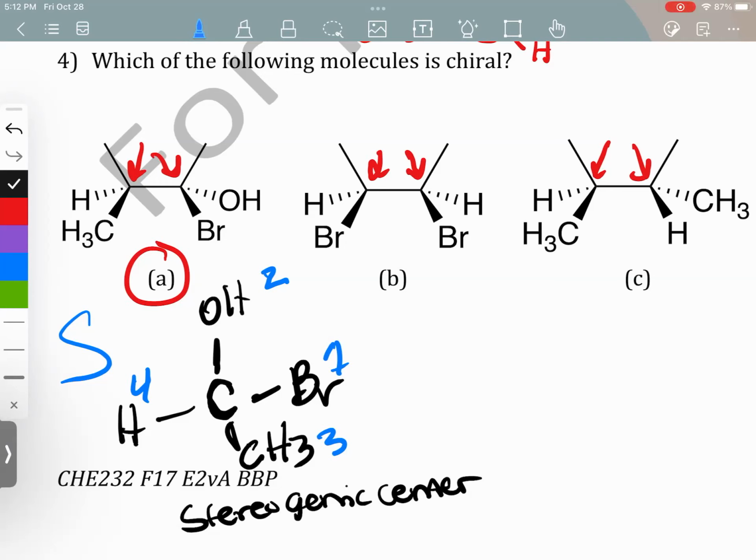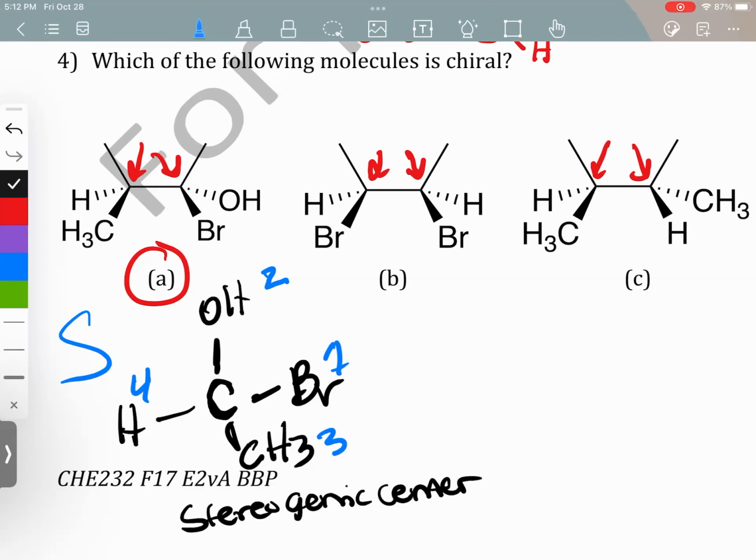So bromine gets first priority because of its atom size. It's bigger. So that's 1. The OH, that's second priority because oxygen is an electronegative atom. It's definitely more electronegative than the carbon in the CH3, the methyl. So that's why CH3 gets third priority, and the least will always be hydrogen.